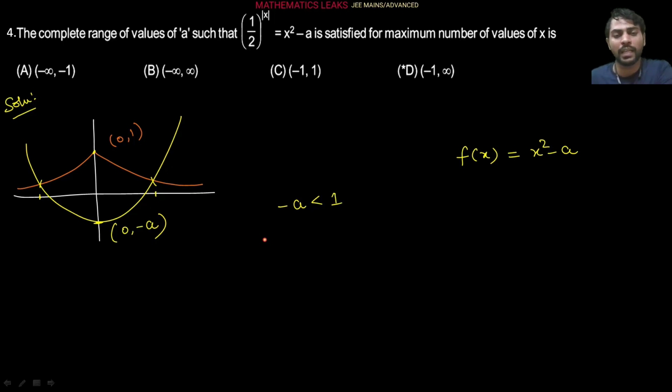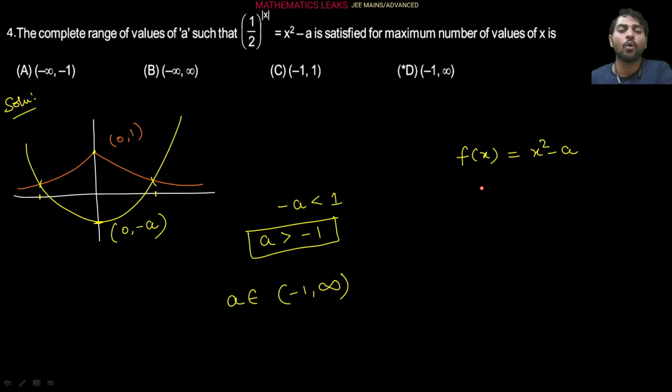So from there you will get a must be greater than minus 1. So we can say a belongs to (minus 1, infinity), such that this given equation is satisfied for the maximum number of values of x, which is 2 here. So a belongs to (minus 1, infinity). Our D option is absolutely correct.